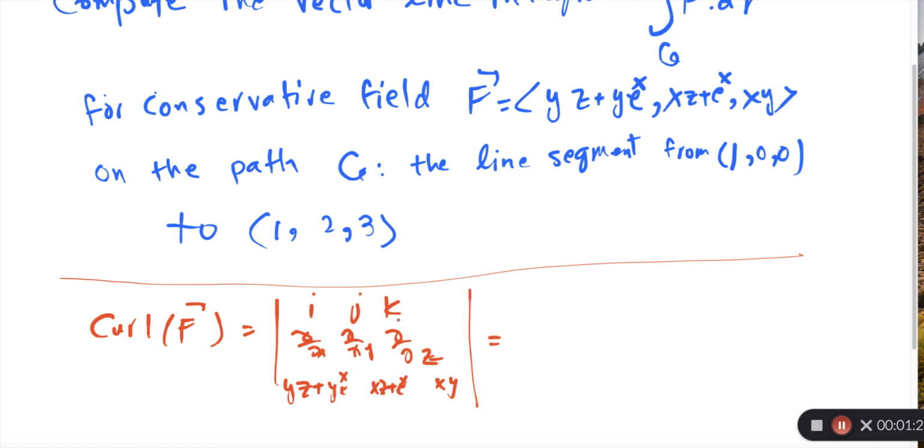And this turns out to be actually the zero vector. Each term is going to be 0.